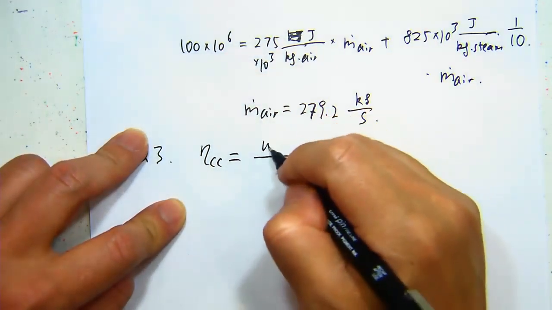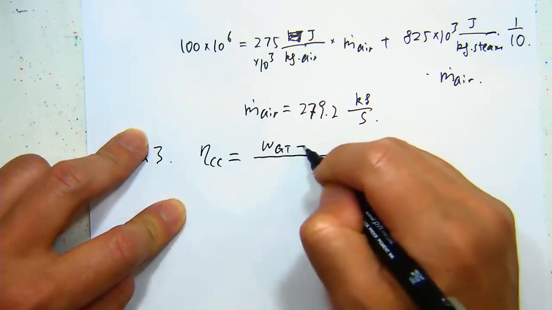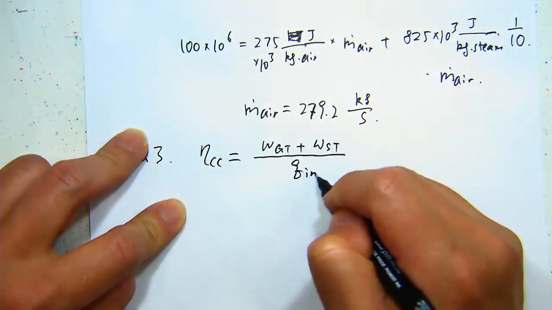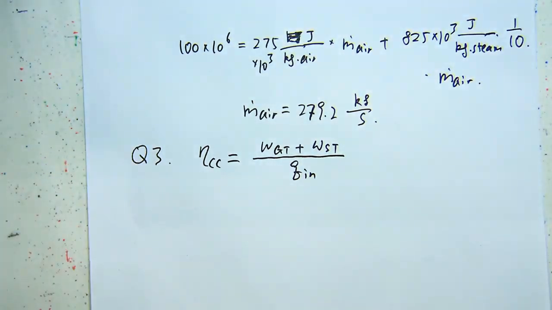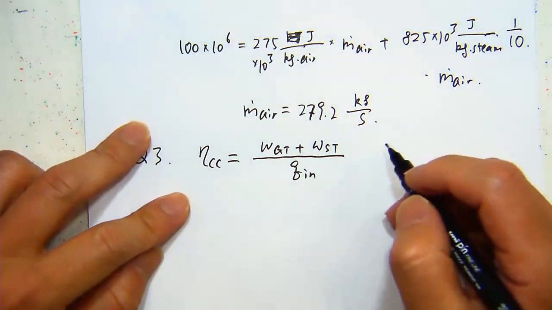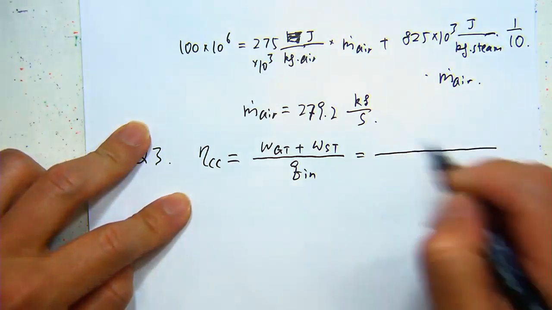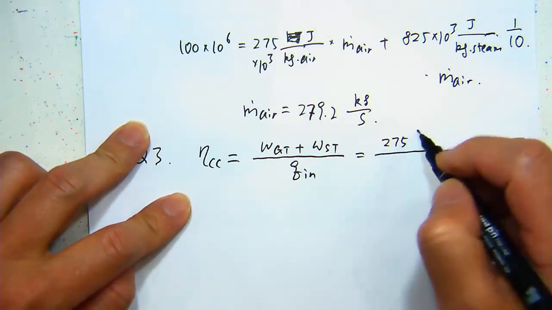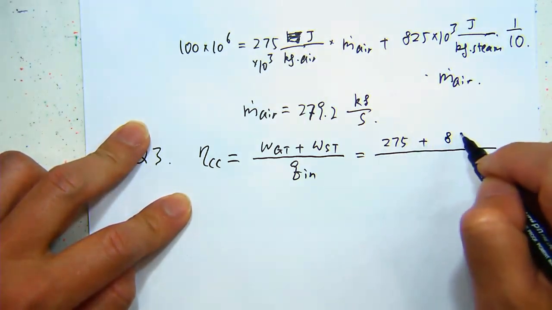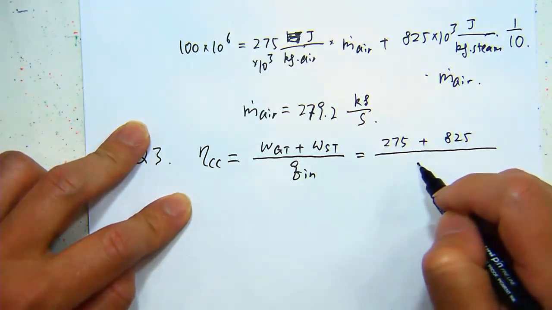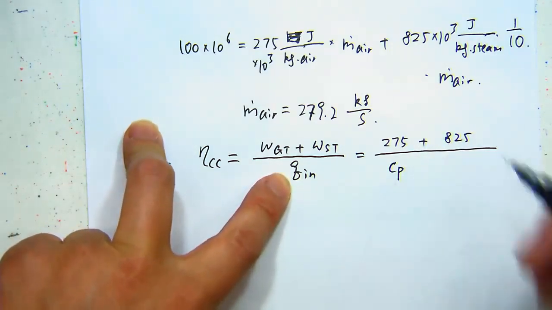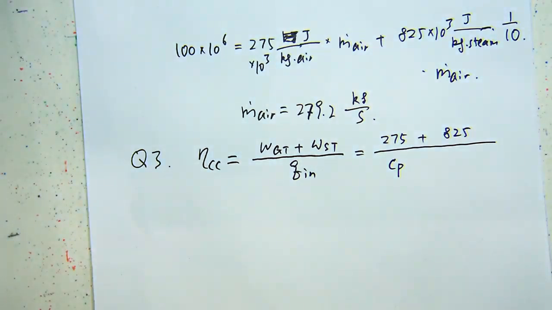So if I have the gas turbine plus the steam turbine, and the total heat input, so if I have 275 plus 825 and divided by the Q in. We haven't dealt with Q in until now. What is the Q in of this process?